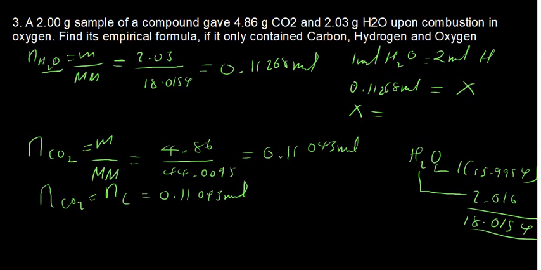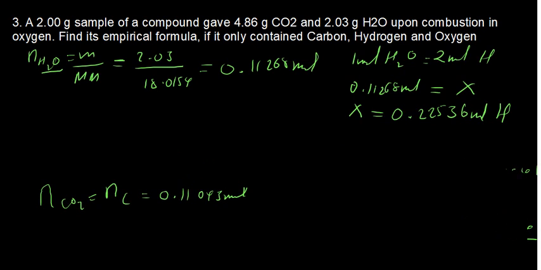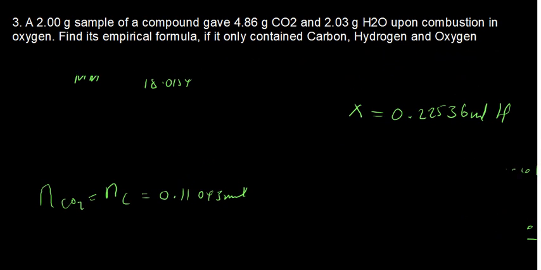That is giving us 0.22536 moles of hydrogen. So we have found the moles of hydrogen and the moles of carbon. So the other thing we just need to find is the moles of oxygen in this compound.